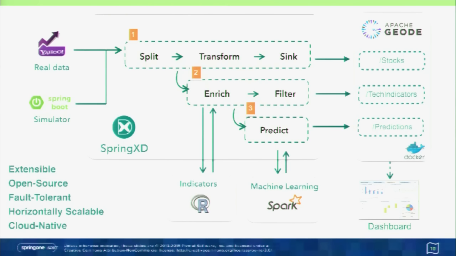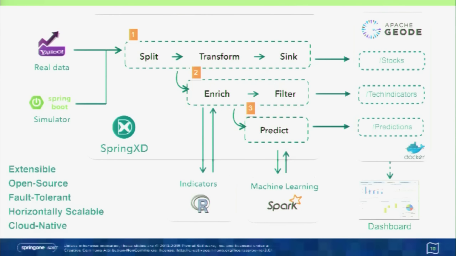And Spring XD sends all this data to Apache Geode or Pivotal GemFire, which is going to store that data. That data gets stored in different regions in Apache Geode. If you're not familiar with key-value NoSQL stores, Apache Geode is basically like a map or a hash map on steroids that replicates things, provides high availability, et cetera.